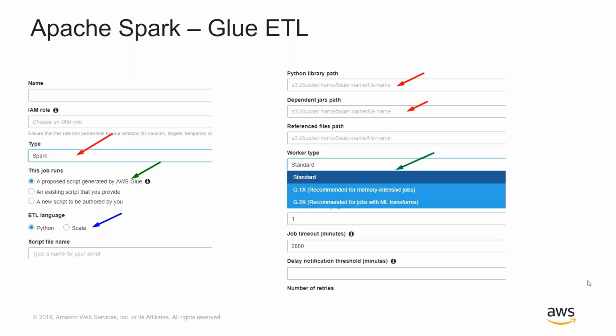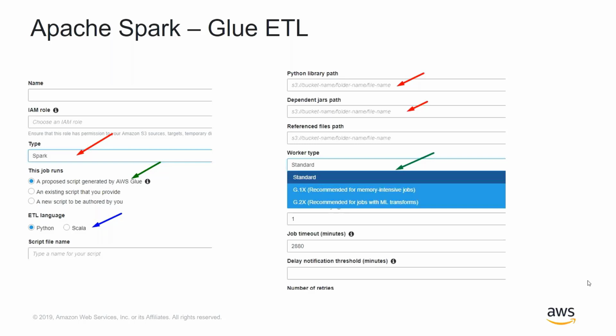Now the green arrow is actually very interesting. It asks you if you want Glue to generate the script for you. This is the capability that I was talking about a few minutes ago, where Glue has a WYSIWYG functionality where you can walk through a series of screens to generate a script.